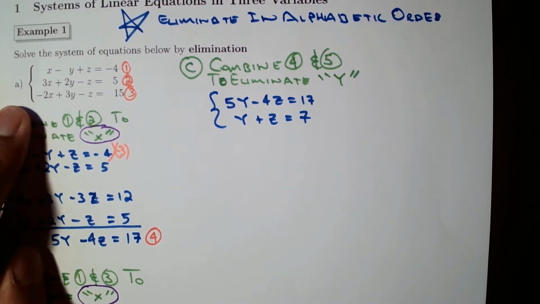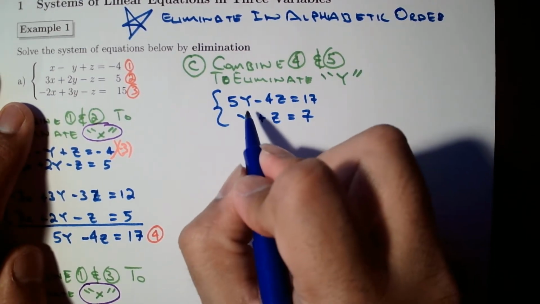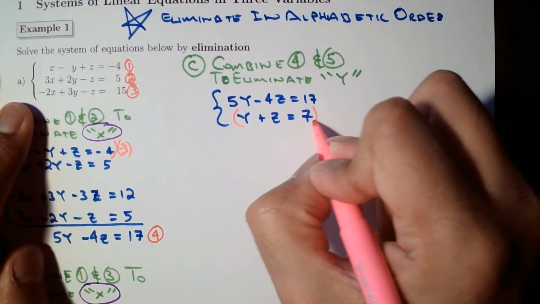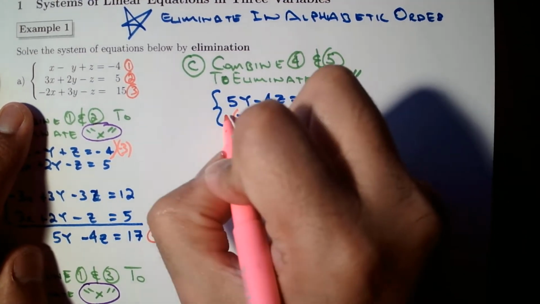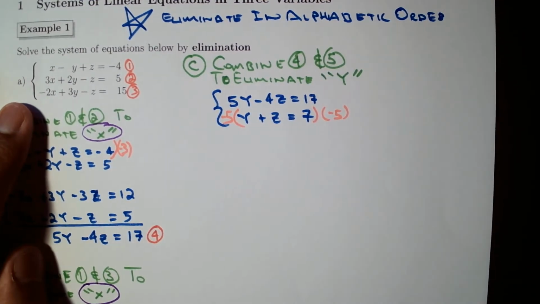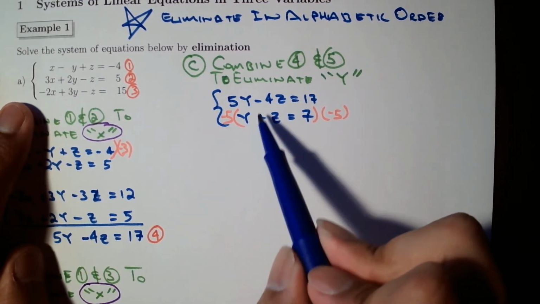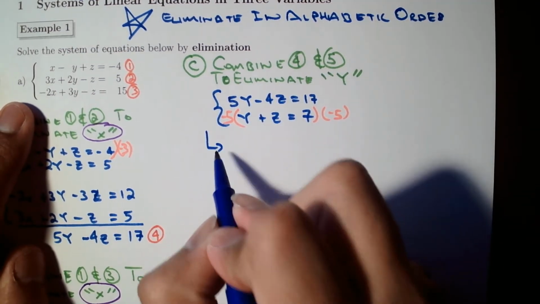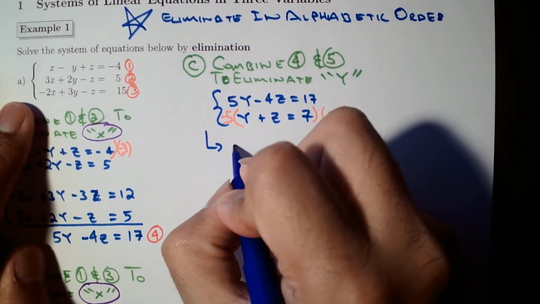Alright, so now I need to multiply the second equation by negative 5 to get that done, right? Because we want to have the same coefficient, just opposite in sign.